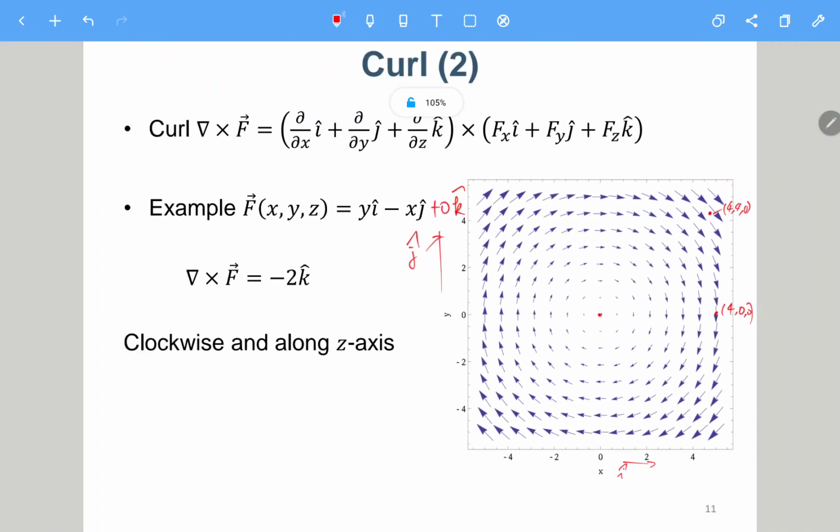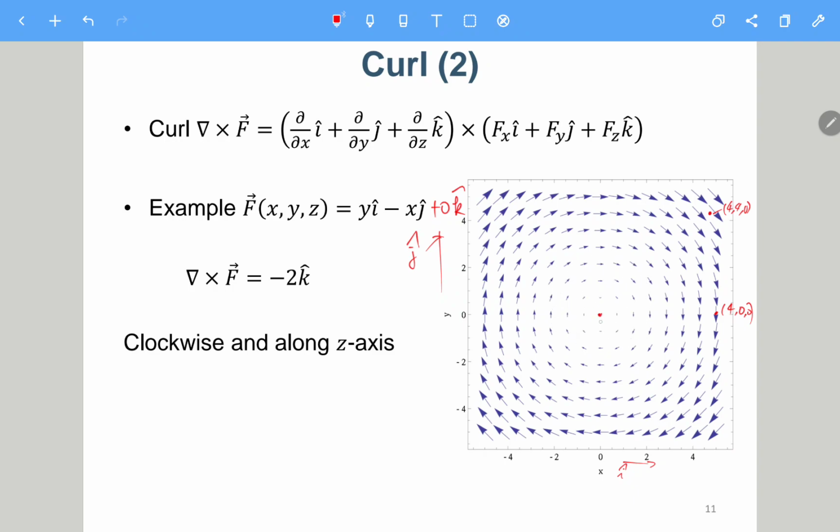After we finish the F field, you can clearly see that it's like a typhoon, something rotating around the z axis.